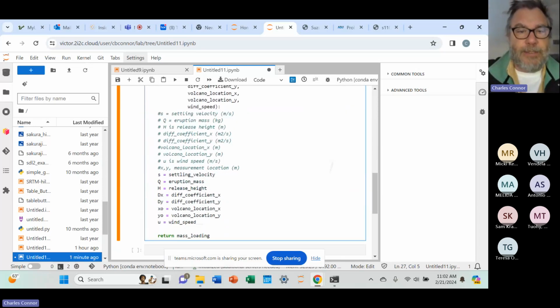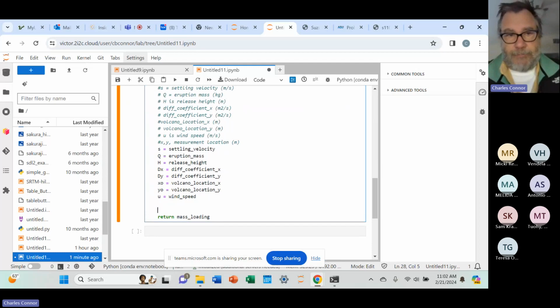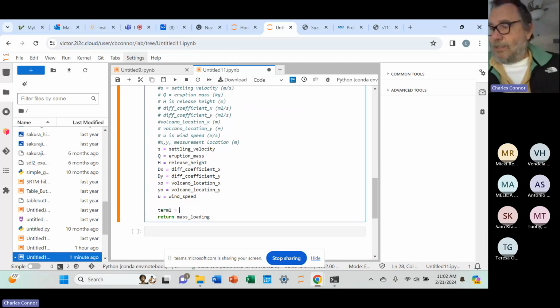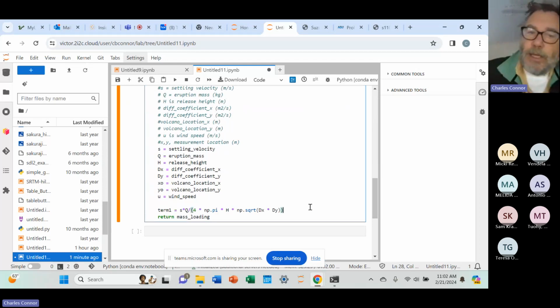So let's do that. Let's just say term 1 is going to be equal to that first term. So I'm just going to copy that down there.